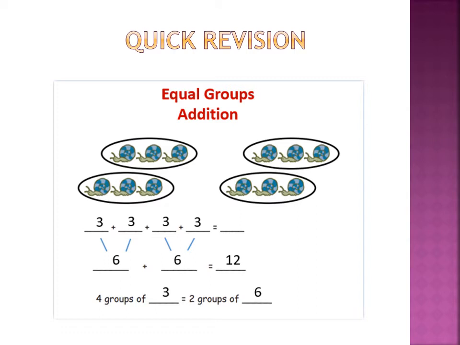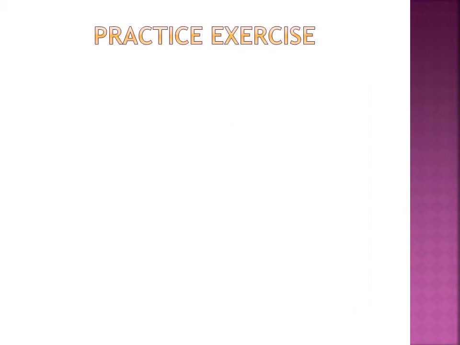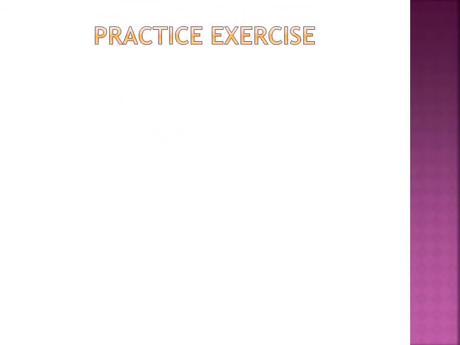Let us now discuss the practice worksheet which I gave you in the previous class. We will be discussing the answers of the worksheet now. Because we discussed 2 different worksheets, which worksheet are we going to discuss today?